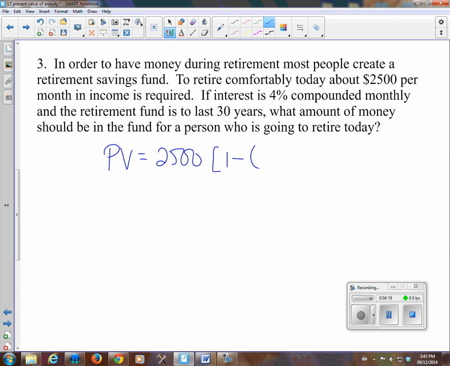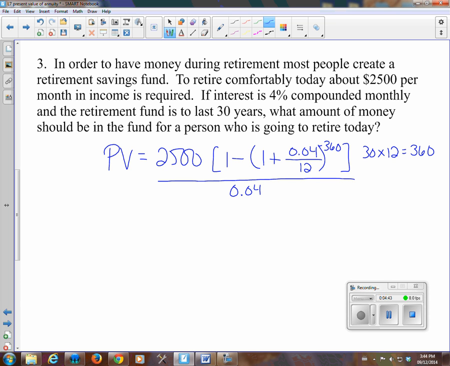1 minus 1 plus my interest rate, 0.04, compounded monthly, so divide by 12, and we have 30 years times 12 months a year would be 360, so negative 360, all divided by the interest rate.